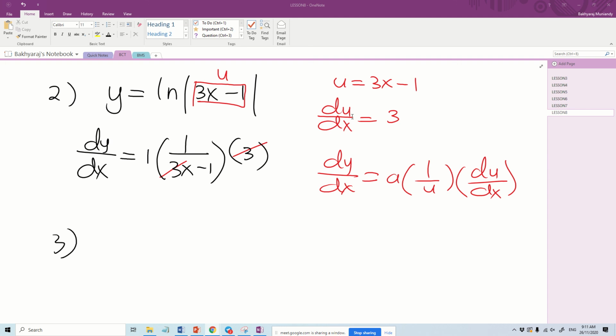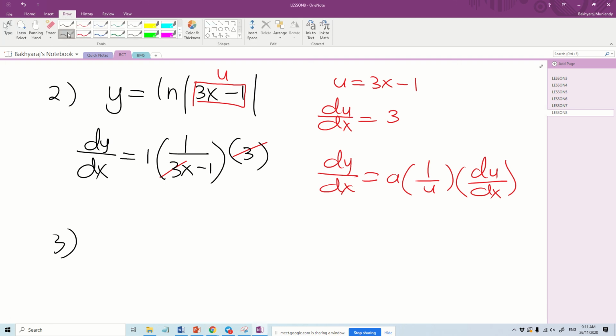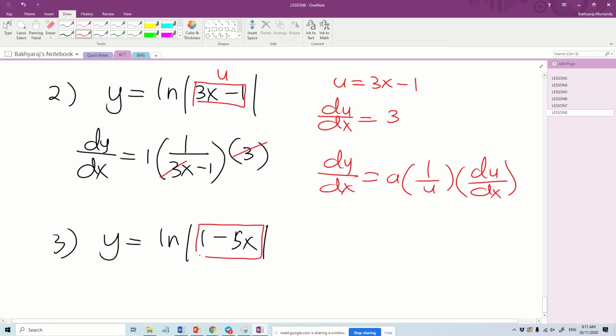Okay, next number 3, I give you y equal log 1 minus 5x. So get your u, and you can go for the answer.